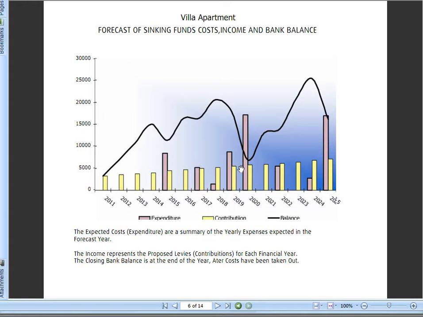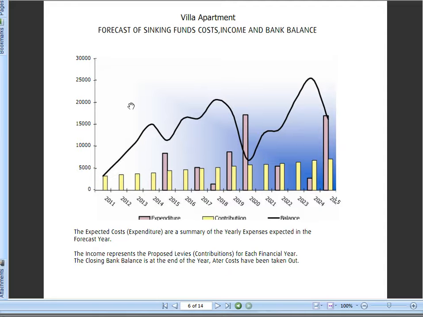Usually we try to work out how much money we need to put aside as a minimum balance, so this doesn't get too low when we run out of money from here. So this is the highest risk of the sinking fund forecast, to make sure we've got enough money to look after that building in that time.